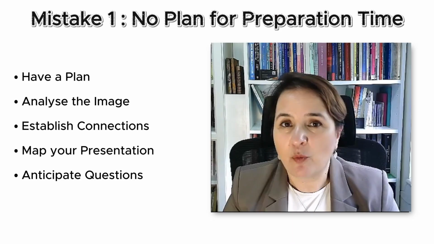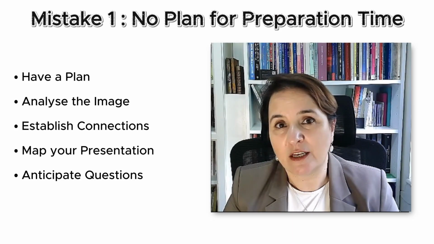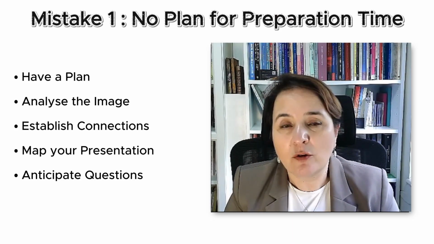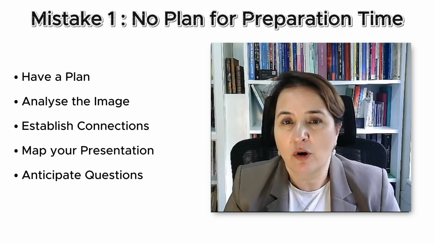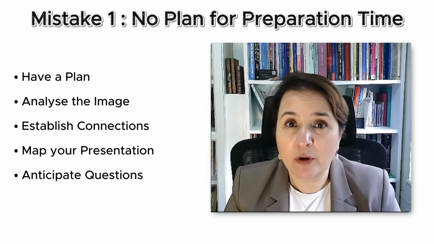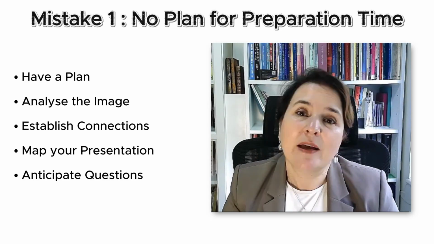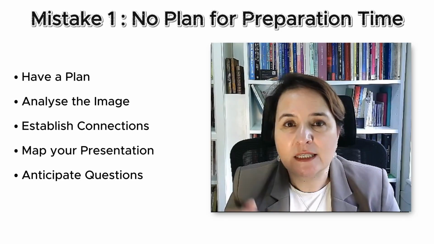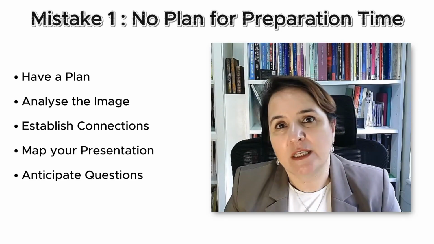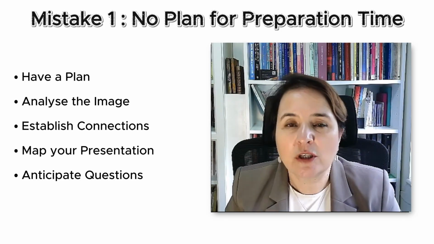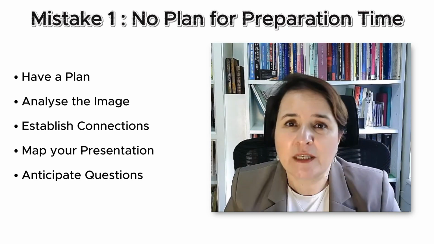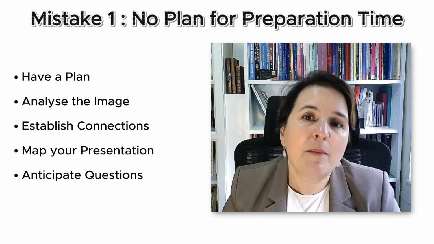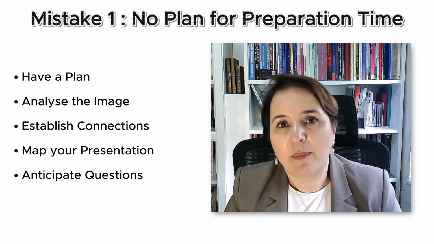The next step will be to plan for the presentation, but obviously you cannot write every single sentence. You don't have time, and also it will be pointless because you are not allowed to read. So my recommendation is just plan a map for your presentation, some stepping stones with keywords, with opening sentences to help you remember everything you want to say about that image.